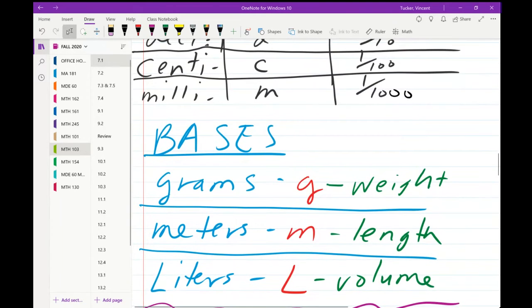All right. So your bases, these are the measurements that you will put the prefixes after. We have grams for G, that's going to measure your weight, meters for M, to measure length, and then liters, L, measures volume.